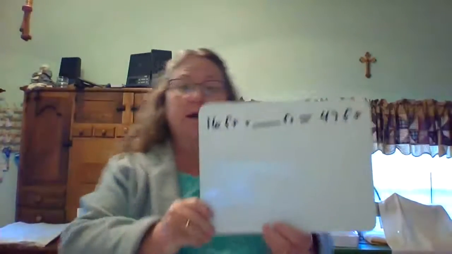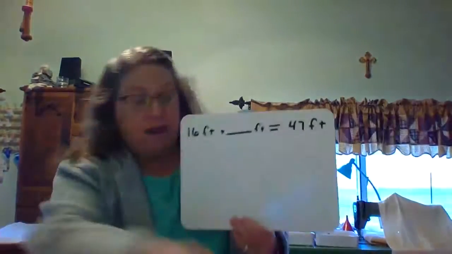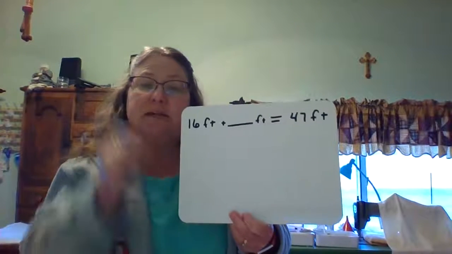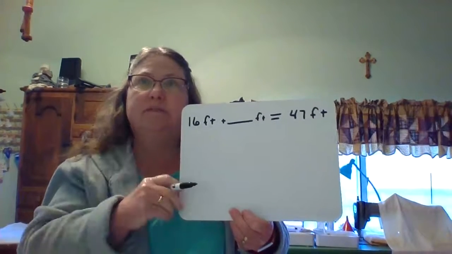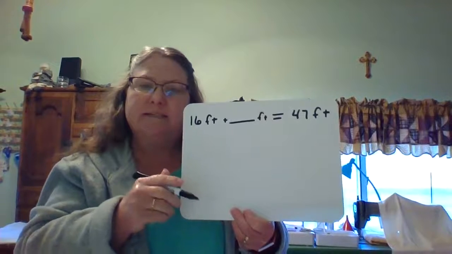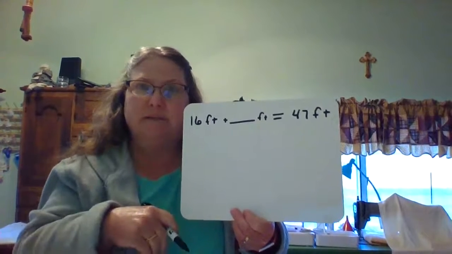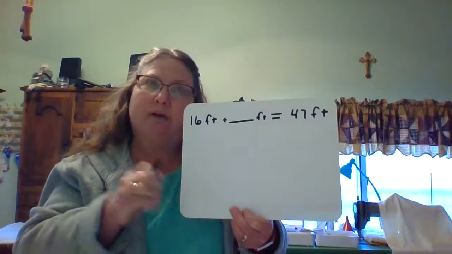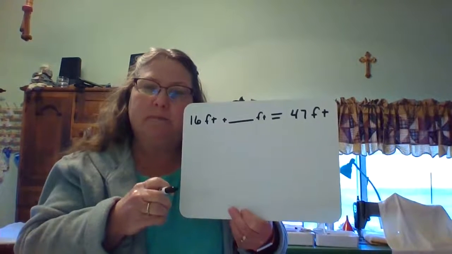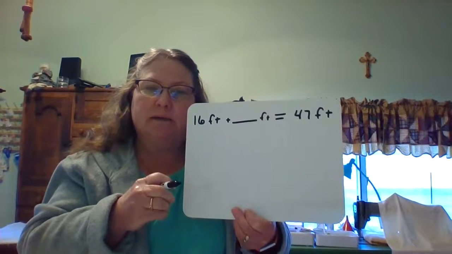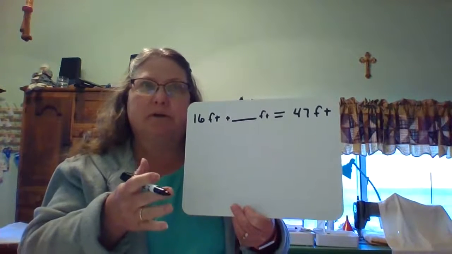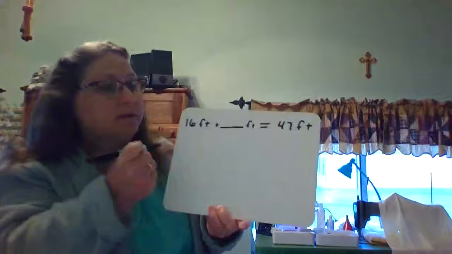So, we have a problem here, and this problem says 16 feet, FT means feet or foot, plus blank feet equals 47 feet. So now we're going to have to figure out, what is the blank? I have to do something to figure it out. So I'm going to make a number bond.